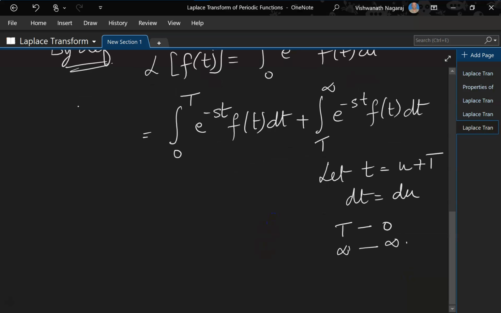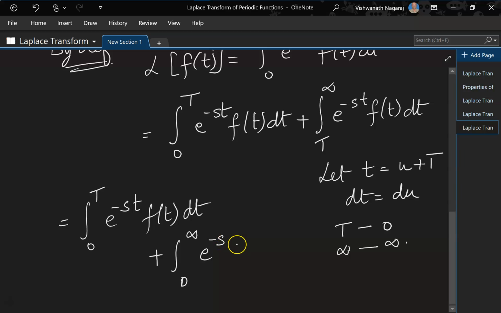So our two terms become 0 to T of e to the power of minus st f of t dt, plus 0 to infinity of e to the power of minus s times u plus capital T, f of u plus capital T du.